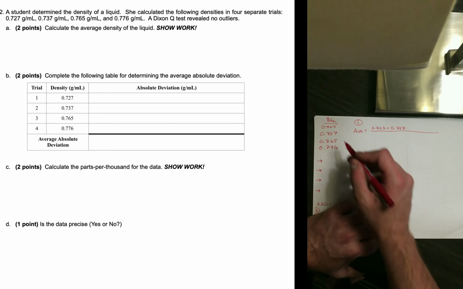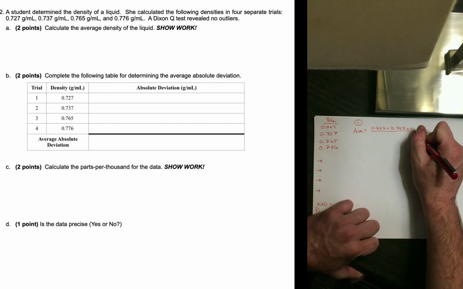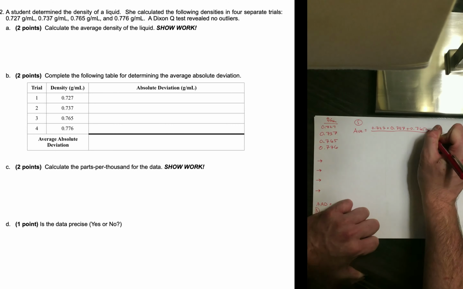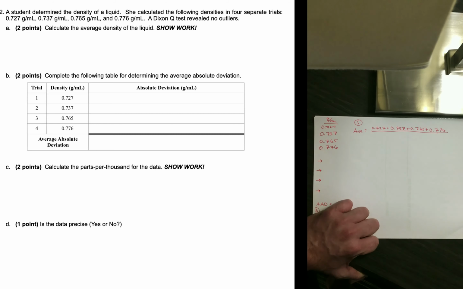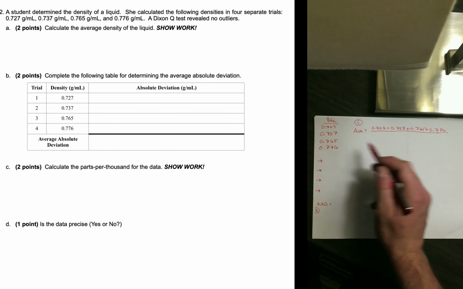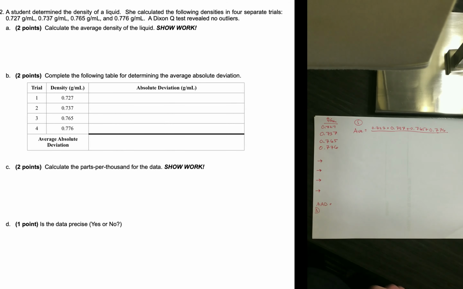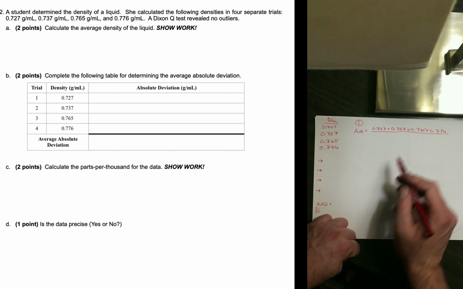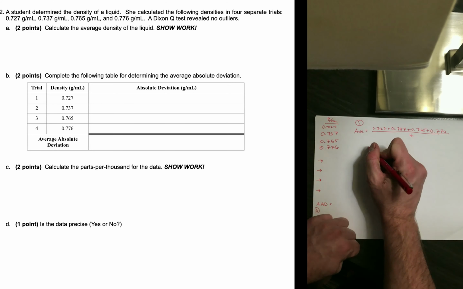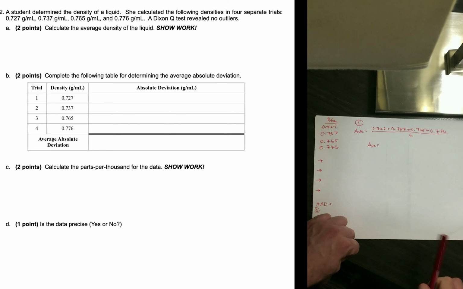And then I'm going to add on the next data point, 0.765, and then the last one, plus 0.776. In an average measurement, I just sum up the values, and then I divide by the total number of values. Well, there's 4 values here, so I'm going to divide this by 4, and that's going to allow me to calculate the average.